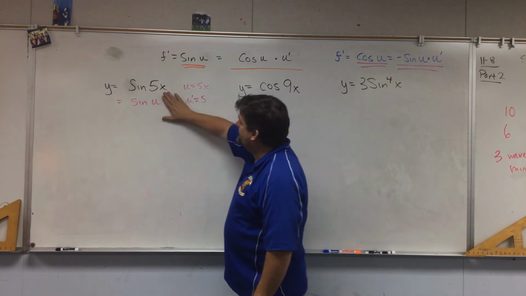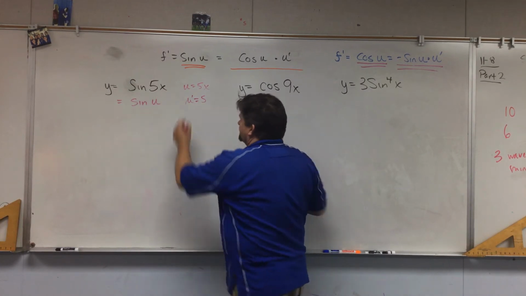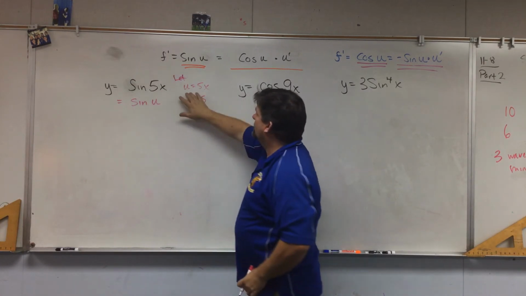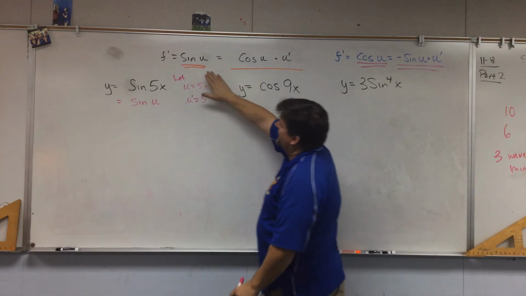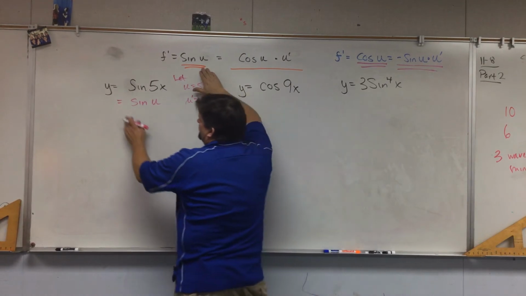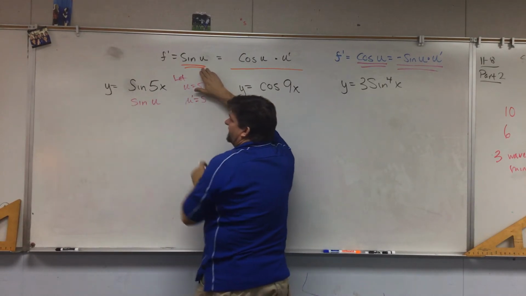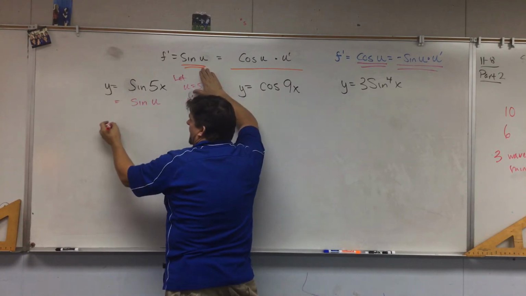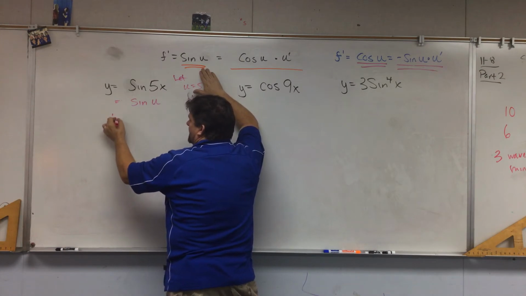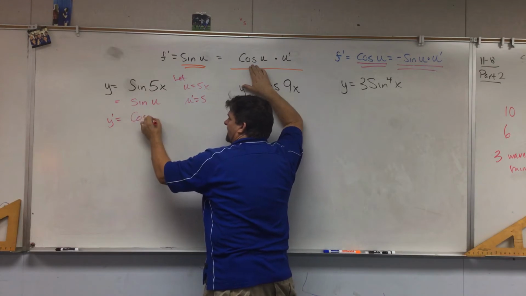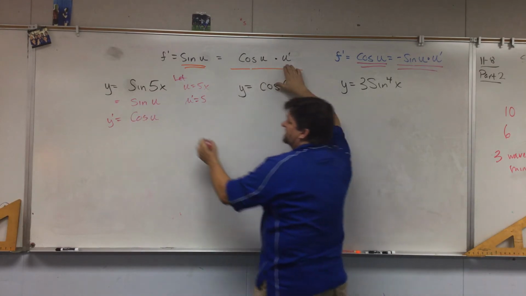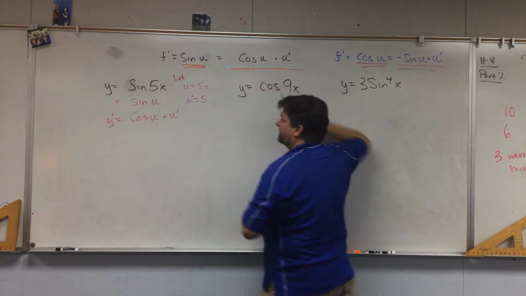So I let u equal 5x and u prime is equal to 5. If I'm taking the derivative of the sine of u, I'm going to get a y prime equal to cosine of u times u prime.